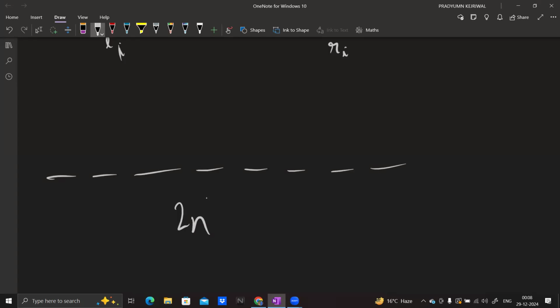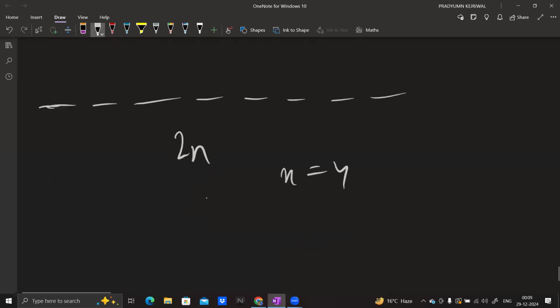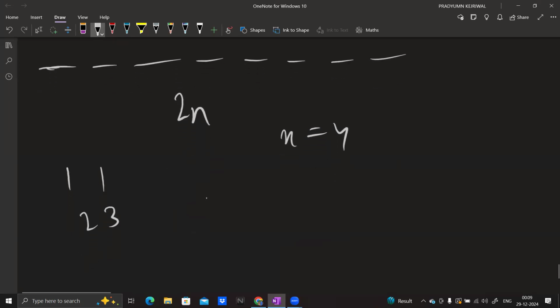Let's say n is equal to 4 in this case. We'll make the array of 2n length, and whichever elements are taken are marked. Let's say the input is 1 1, 2 3, 5 5, or 6 7. This is the input.